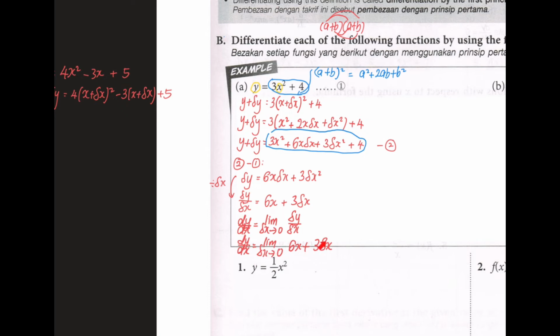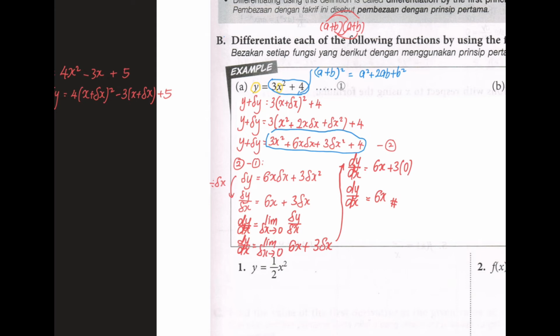So dy dx equals, I'm going to substitute delta x with 0. When you substitute, no need to write the limit anymore. So straight away, 6x plus 3 times 0. The delta x becomes 0. So dy dx equals 6x.